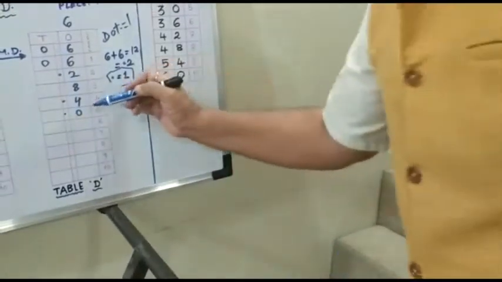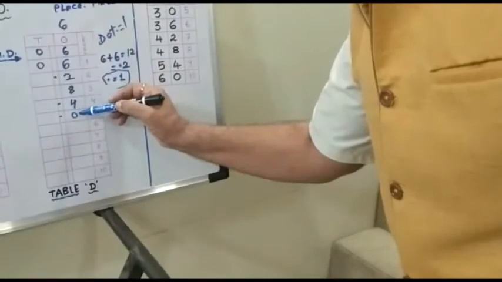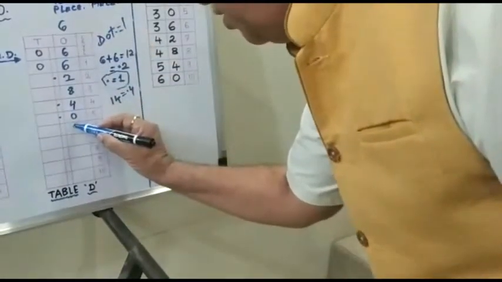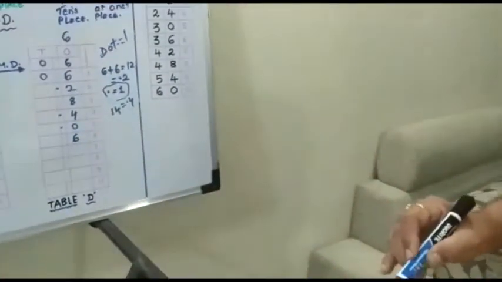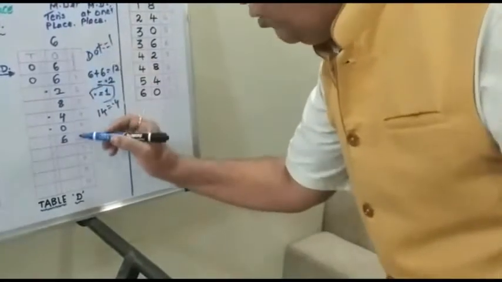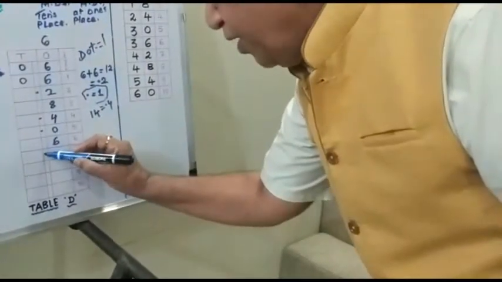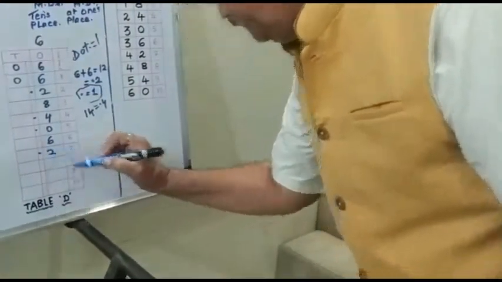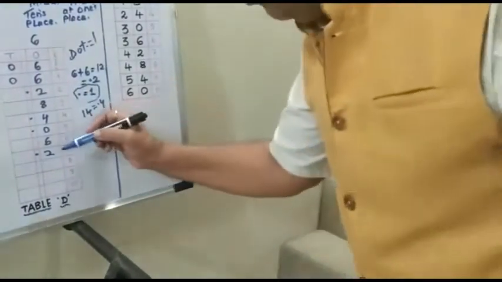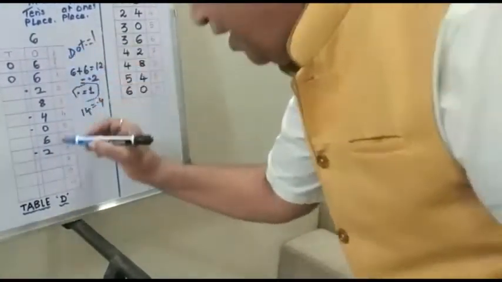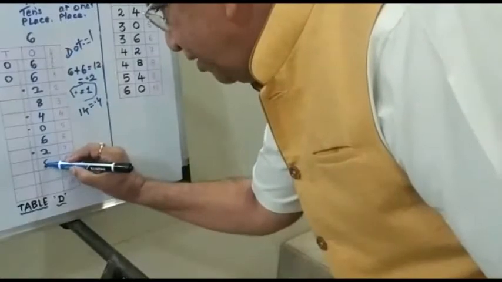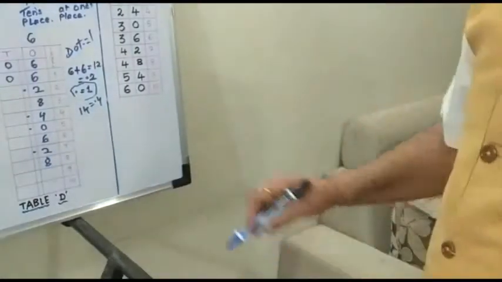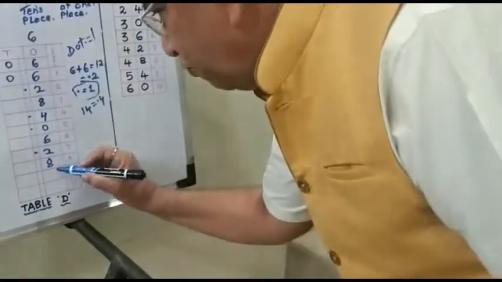Okay. Now, what is the next number? 0 plus 6 is 6, a single digit number. So no dot. Again, 6 plus 6, 12, a two digit number. Dot 2. Now, what is the next number? 2 plus 6, 8. 8 is a single digit number. So no dot. 8 plus 6, 14.